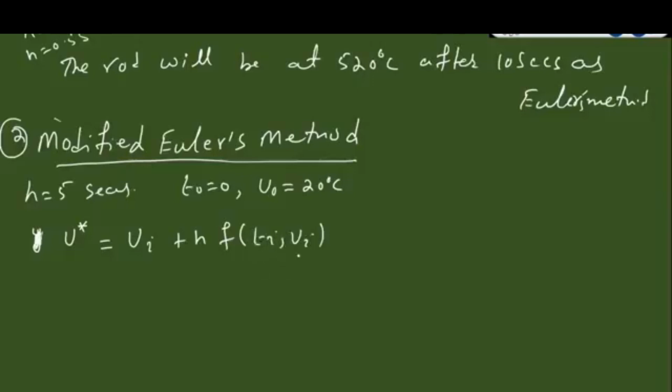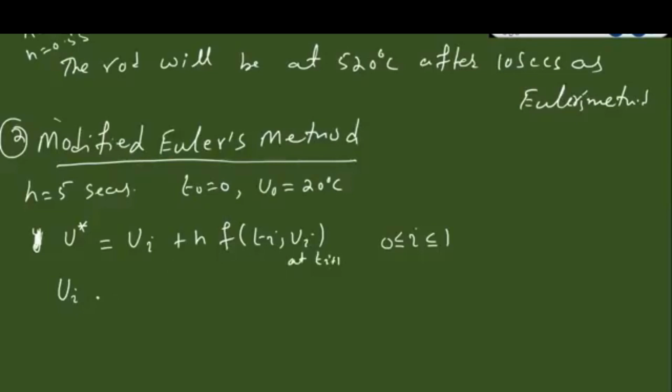It changes problem-wise; whatever problem is given to you, you have to select accordingly. And we all know that i in this case still runs from 0 to 1. But this is not the exact answer. It is not u_{i+1}. It is just some prediction, belonging to u star at t_{i+1}.